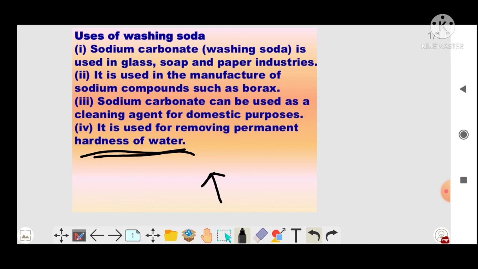And sodium carbonate, or washing soda, is used for removing permanent hardness of water. This is the point, and I have discussed what hardness of water is.